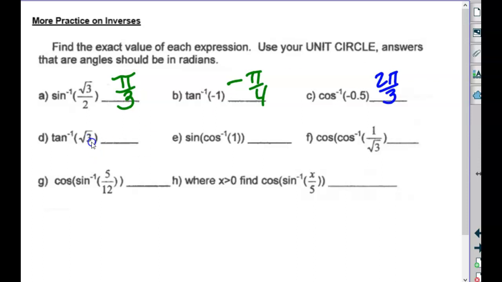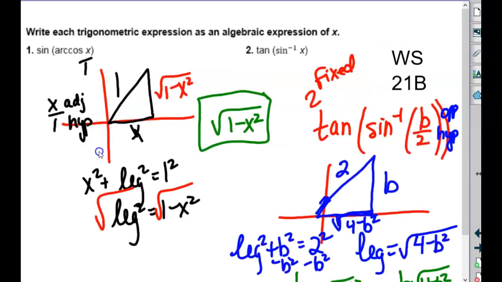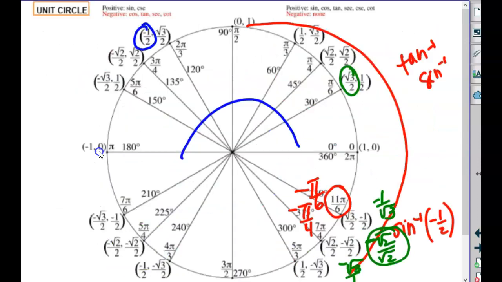Okay, where's the tangent square root of 3? Anybody tell me that one? It's positive square root of 3 is what they asked for. Yes, because when you put the y over the x, you get square root of 3 for the tangent up there.